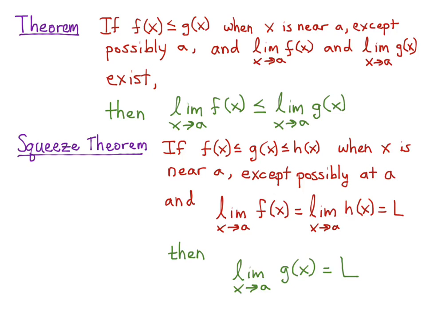If I approach a certain value, or if I go to infinity, like with my asymptote, if this is always going to be below this, and this is always going to be above it, and these two limits are the same, let's say they approach the same asymptote, that function that's in the middle will also approach the same asymptote.